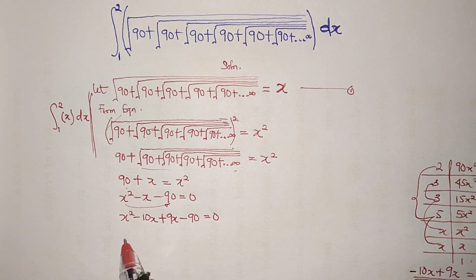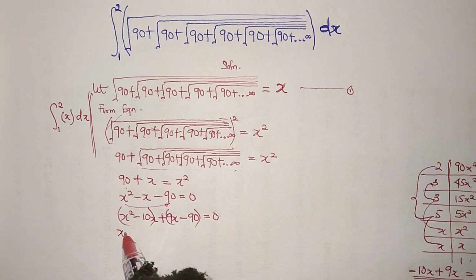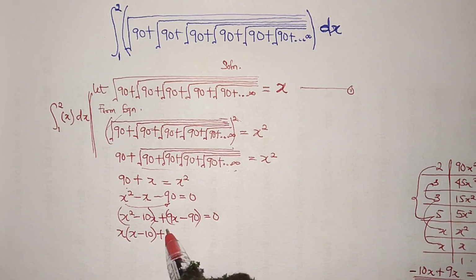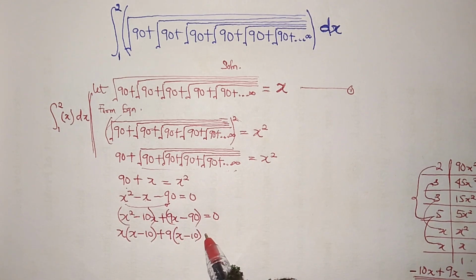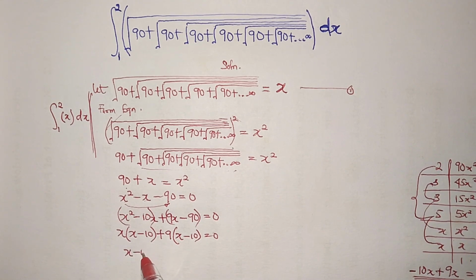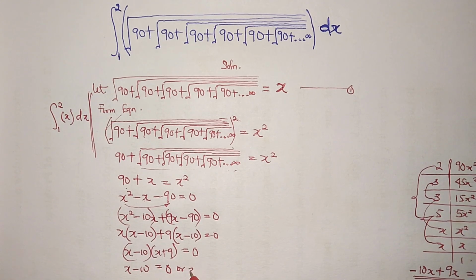We group them, and taking the common factor x, we have x times x minus 10, and the common factor in the second group is 9, giving 9 times x minus 10, equals 0. From factorization, we now have x minus 10 and x plus 9 equals 0. Therefore, x minus 10 equals 0, or x plus 9 equals 0.